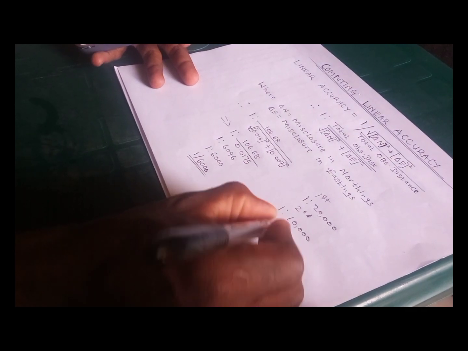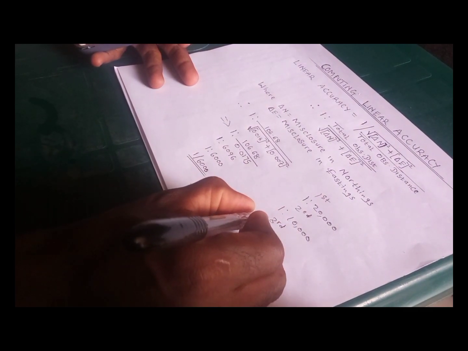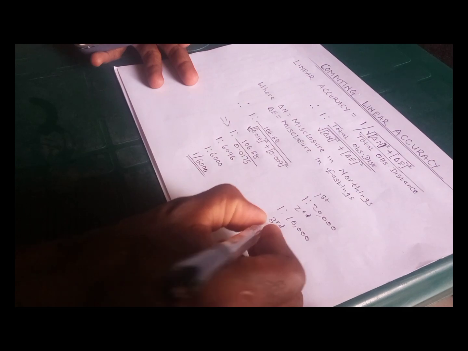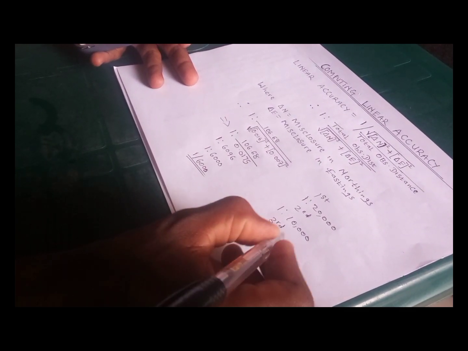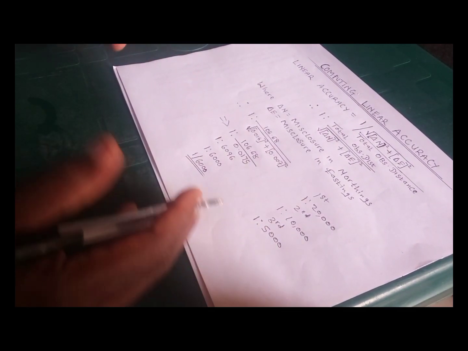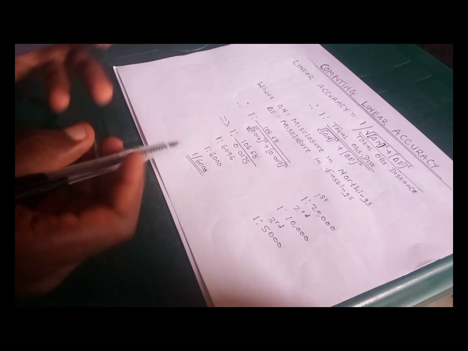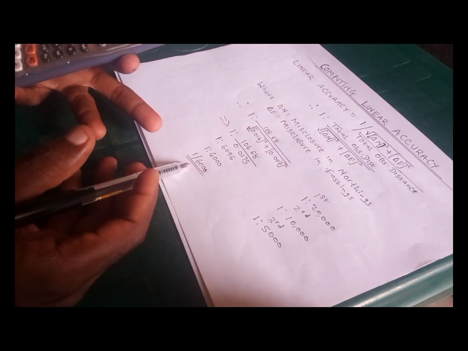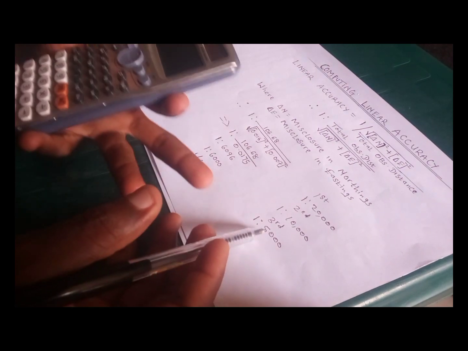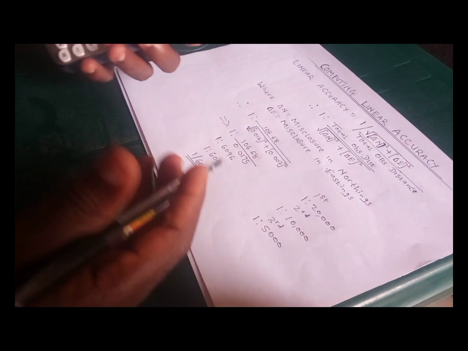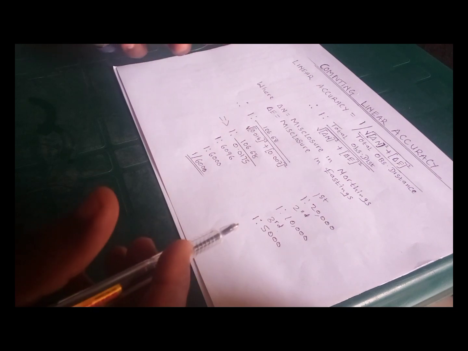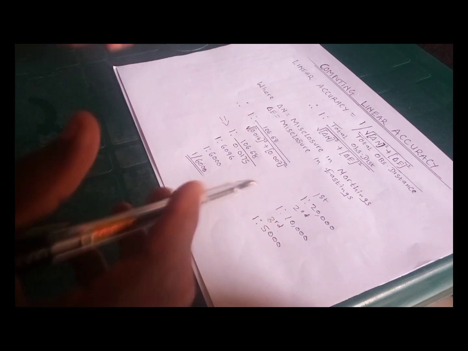Then for the third order survey, the accuracy is 1 to 5,000. So if you have done this and you find out that your level of accuracy is less than 1 to 5,000, that simply means your traverse survey has not met the required standard for the third order survey.